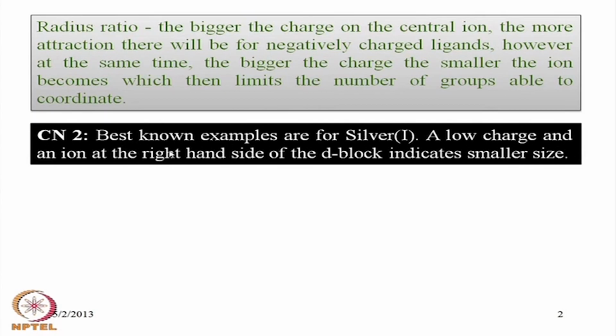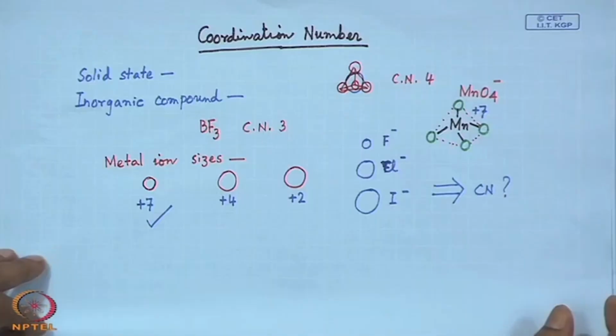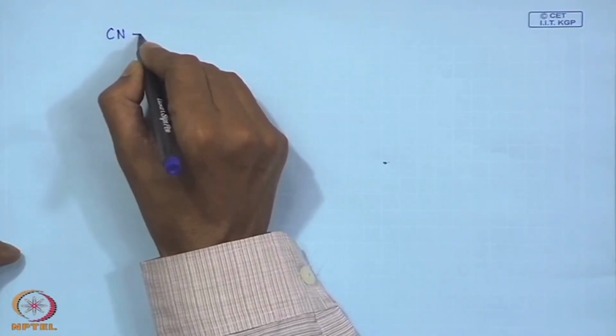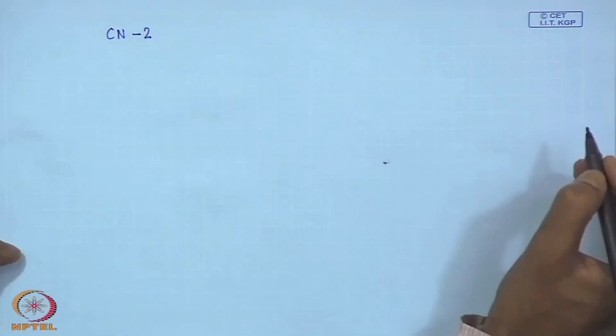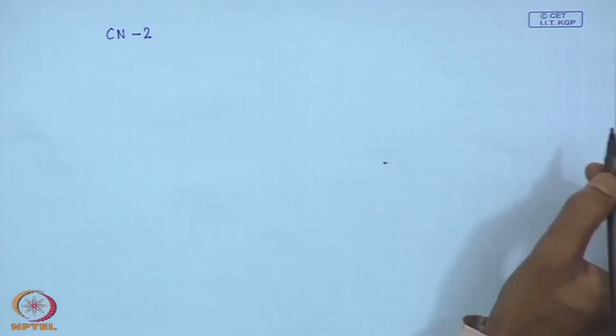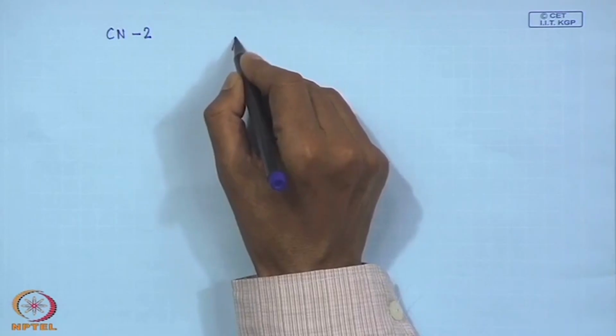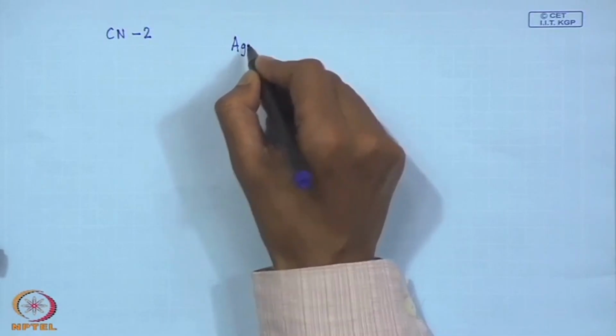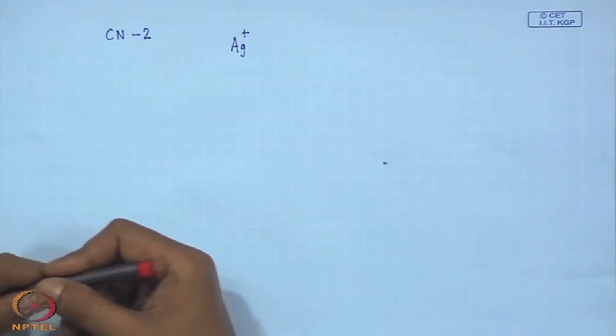So, we have several situations where we have a coordination number of 2. How do we get, very simply, the coordination number of 2, which is the smallest one? This also gives us a practical example for identification of chloride or the silver ion.